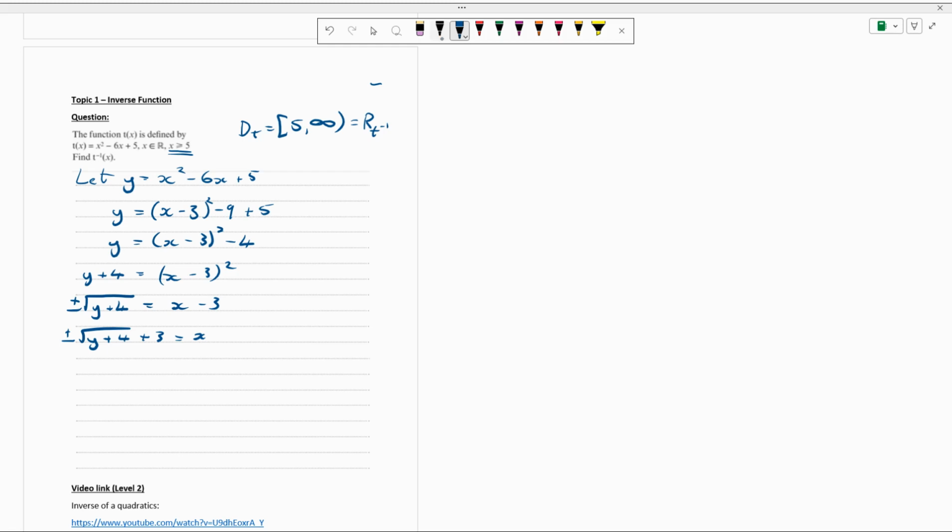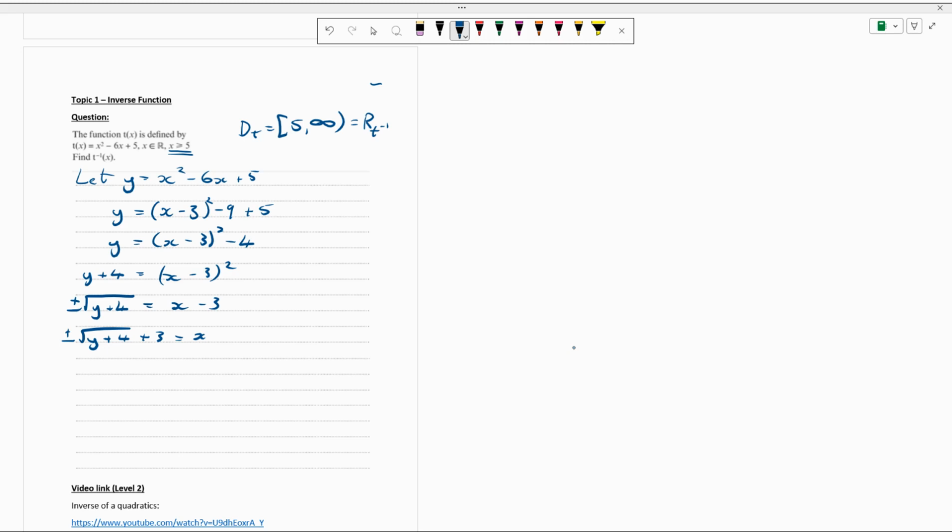So that means coming out of this I should get bigger than or equal to 5, so I need positive numbers coming out. To get those, I need my root to be positive. I'm going to add 3, that's fine, but I need to be bigger than 5. So I take the positive version.